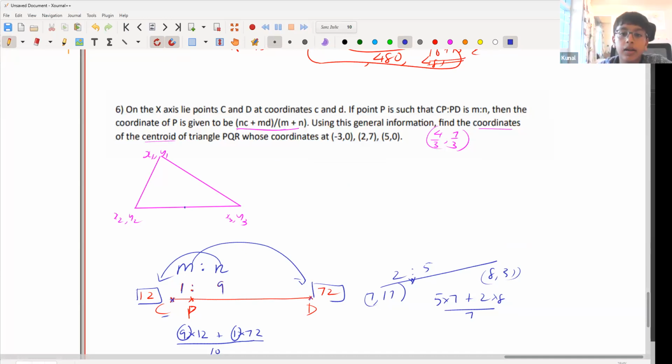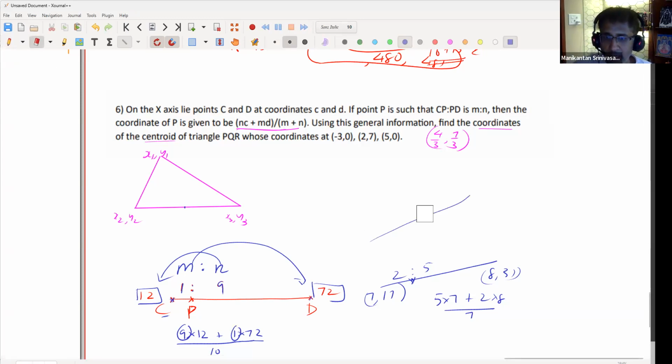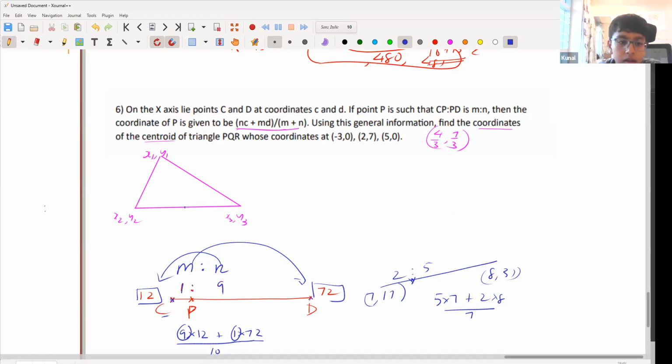No, I mean like the same line, like how in this question both the points are on the x-axis. Oh, no. That was just to illustrate. It can be on any line, any inclined line, doesn't matter. So you'll apply the same formula for the x coordinate, and you'll apply the same formula for the y coordinate. That's it. You'll treat them as independent. Does that make sense, Kunal? Yeah. Okay, so you're not very convinced.